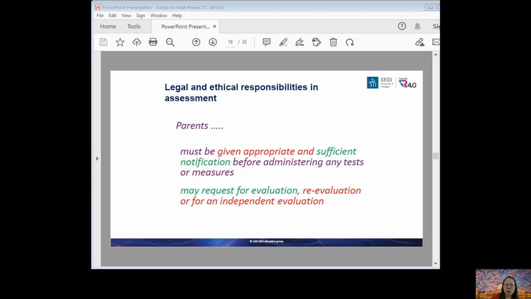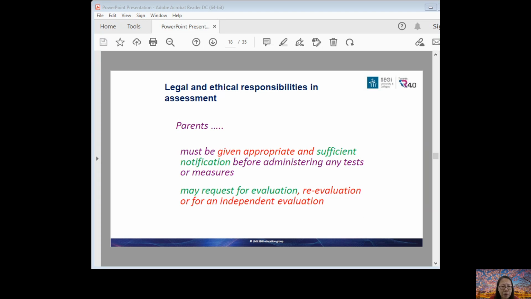With your first evaluation, the parents can also request for an independent evaluation, which means something like a second opinion. I do not want an evaluator or observer from the same group of school, but I want somebody from another place, independent. Getting a second opinion.